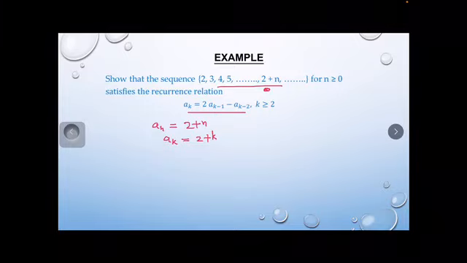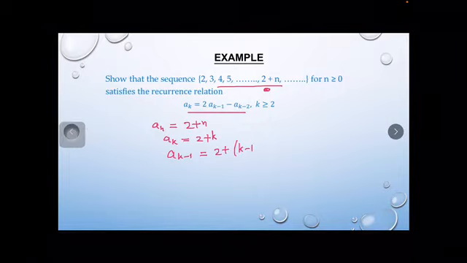We can put k minus 1 and k minus 2 in place of k, and show that the left side is equal to the right side. Suppose we put k minus 1 in place of k. So what is this? This is 2 plus k minus 1.